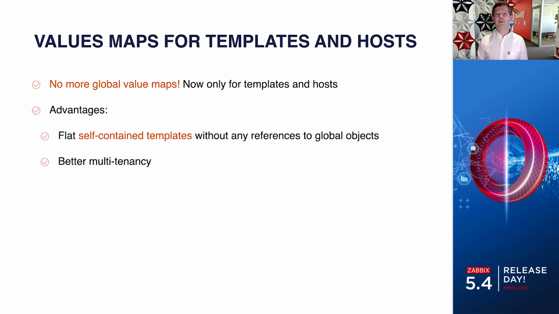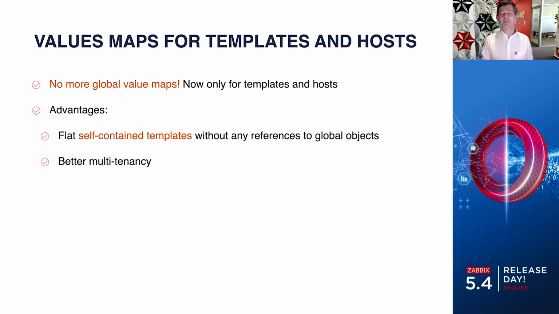So what advantages do we have having value maps on a template level? First, now we have self-contained templates. A template contains all information we need for monitoring: a set of items, set of triggers, graphs, template level dashboards, and now value maps. So we don't have any references to any global objects like a global value map.